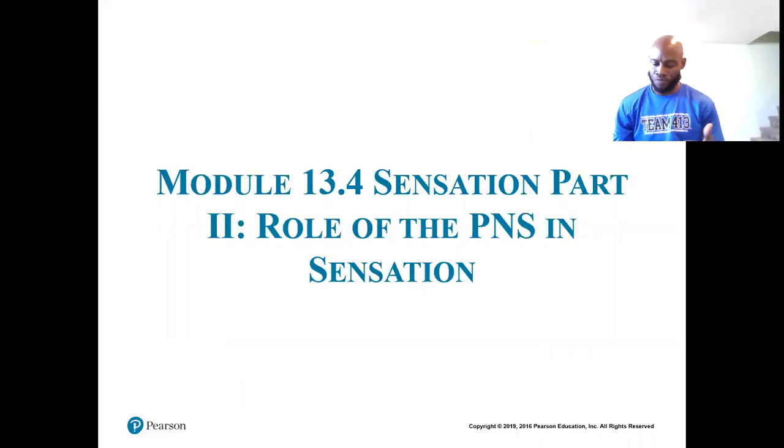All right, so now we've talked about the anatomy of the peripheral nervous system. Now we want to get into the actual physiology, like what role does it play in sensation and what role does it play in motor, right?